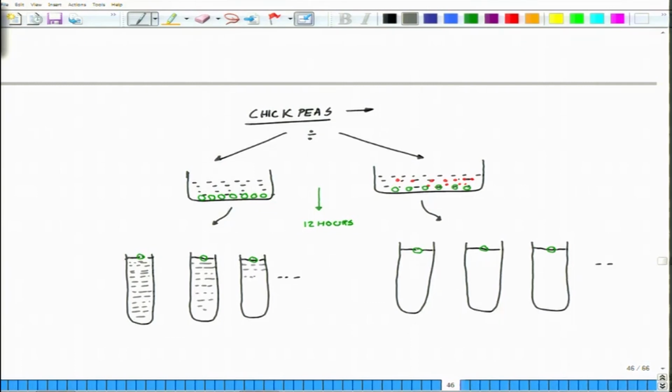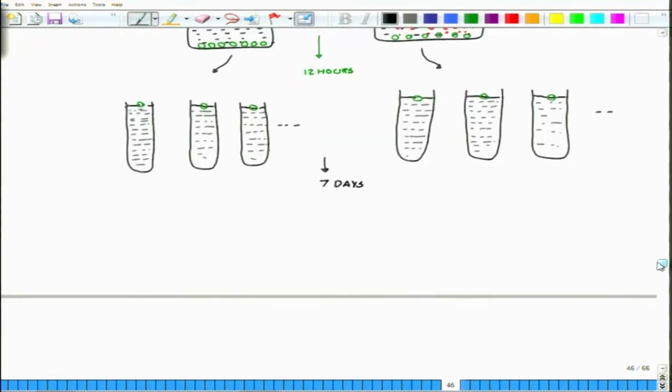So what you have done is you have exposed these seeds to an ionic milieu of iron and sulfur and pyrite in a slightly acidic environment for 12 hours, and then you are growing them. So this experiment was continued for 7 days, and after 7 days the results were evaluated, and all these 7 days they were kept in water.